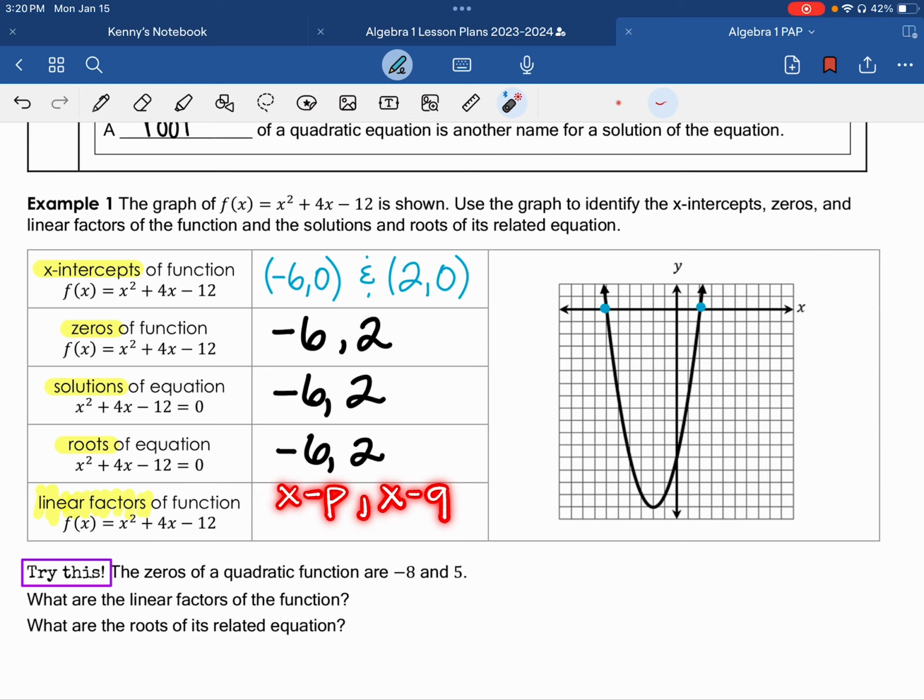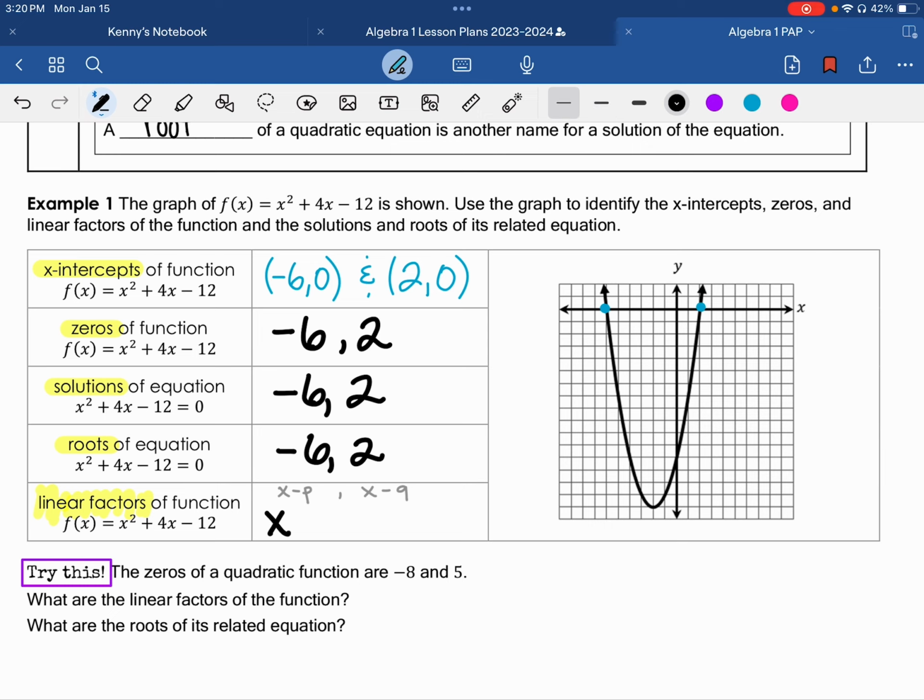Okay, so this is my form that I'm always going to use. So let me go ahead and put that. Let me grab my gray. I want to do x minus one factor, comma, x minus the other factor. All right, so I'm going to do x minus -6.